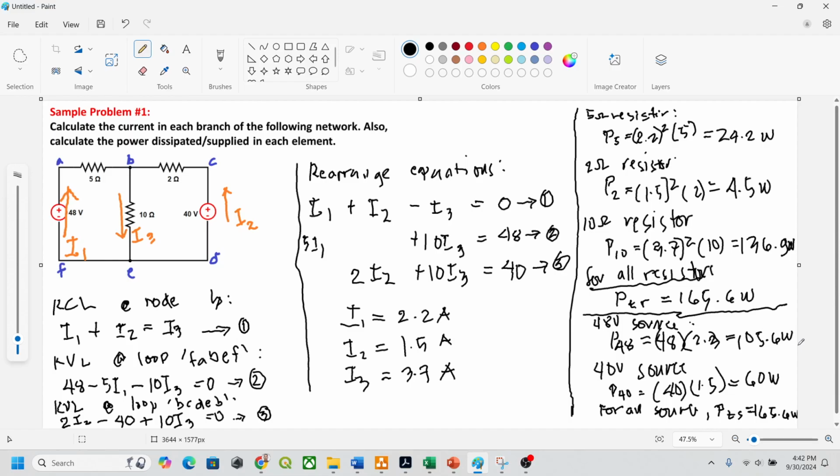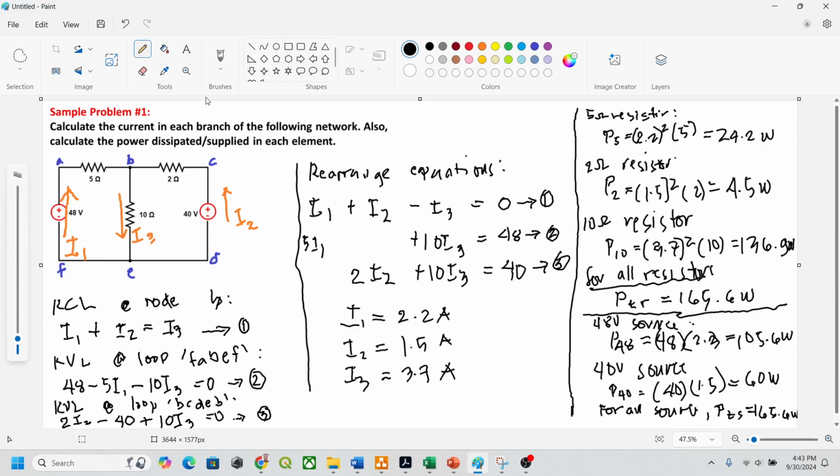So basically, we have a source which supplied a total of 165.6 watts of power, and all of that power is consumed, used by the passive elements, the three resistors, which have a total of 165.6 watts.